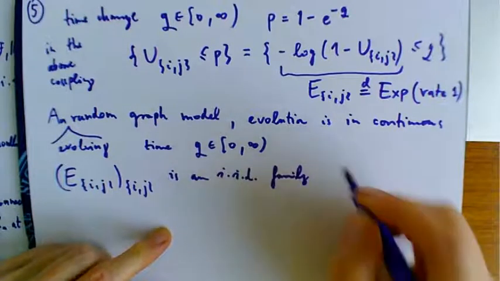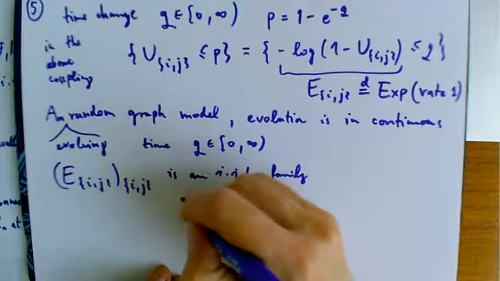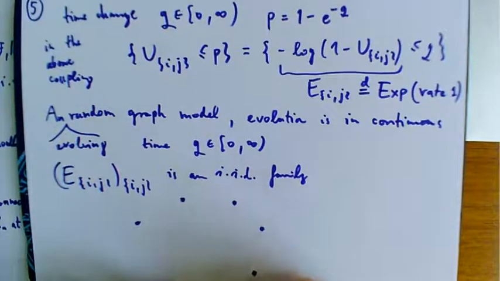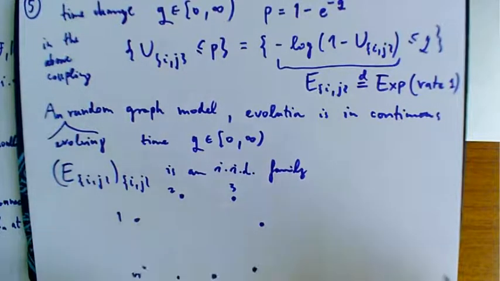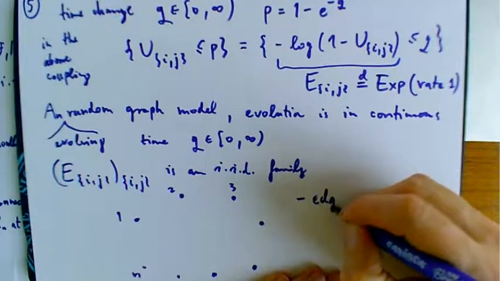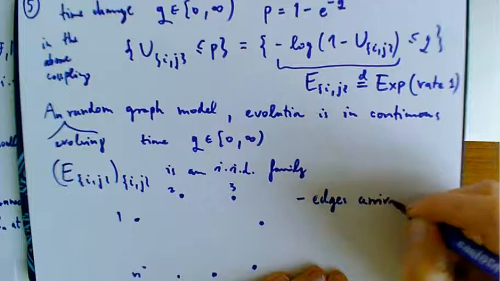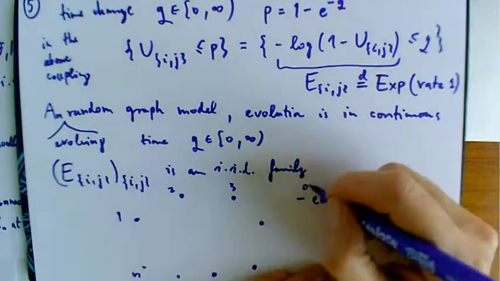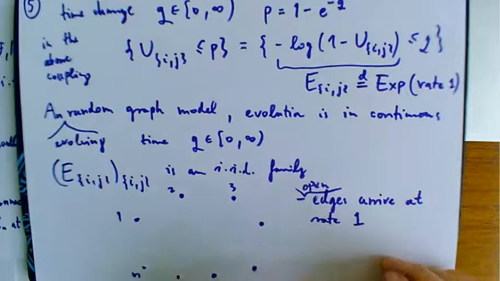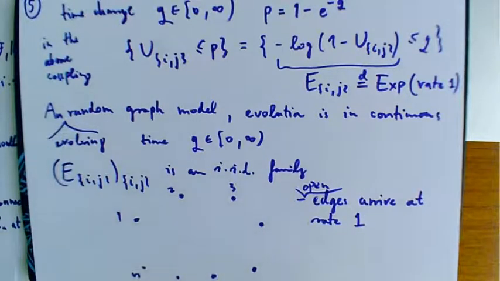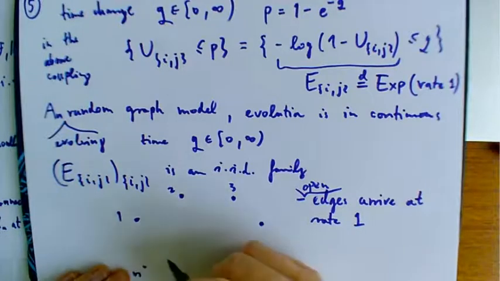So finally we have a graph, and this is the more important picture, so I'm drawing it. Here are the vertices 1 up to n. I'm putting them somewhere on the paper, but really there is no geography here. Open edges arrive at rate 1. There are n vertices, and at some random exponential time there is an edge.